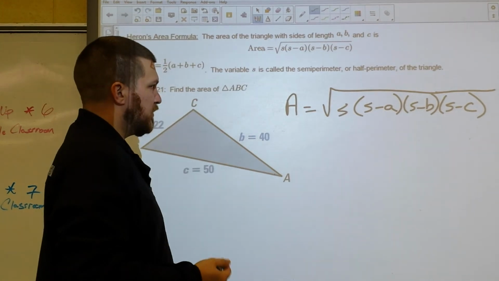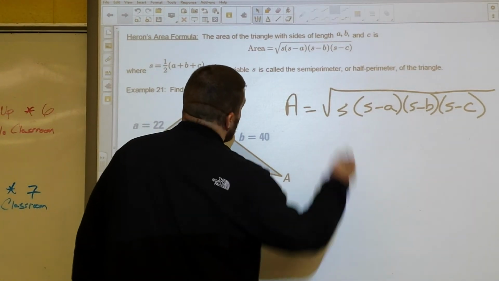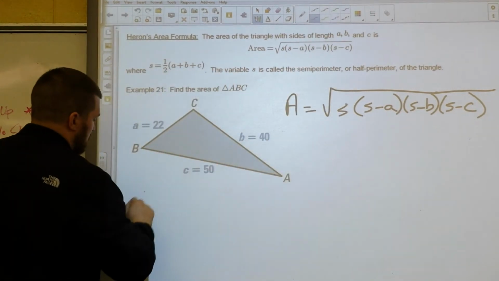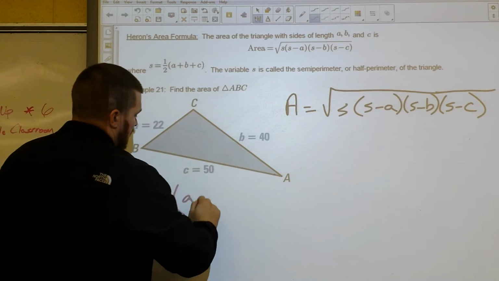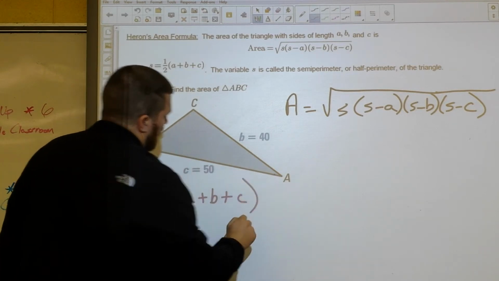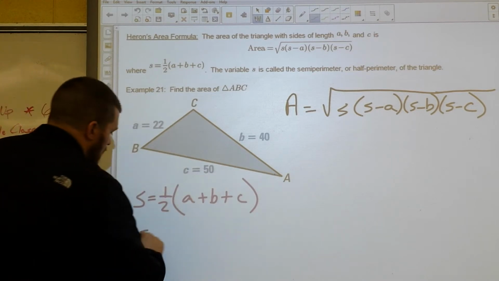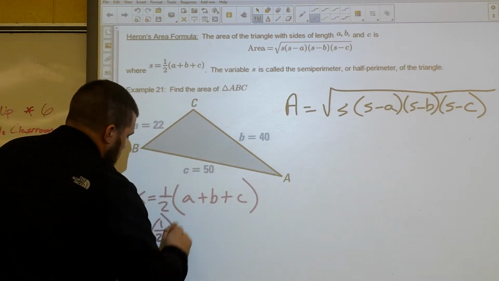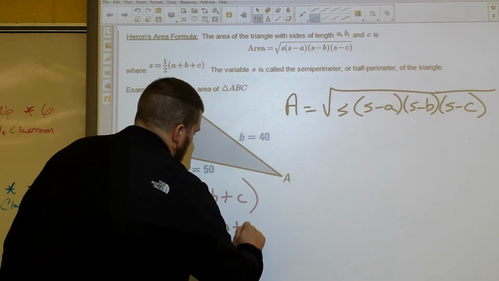Before I can do anything, though, I have to do some scratch work and find s. So the scratch work I'm going to do in purple. S is called the semi-perimeter, and it's just 1/2 parentheses of a plus b plus c. I'm getting all this information from right above, and I'm just going to plug in what I know. So I have 1/2, that's a fraction that goes in parentheses, of 22 plus 40 plus 50.